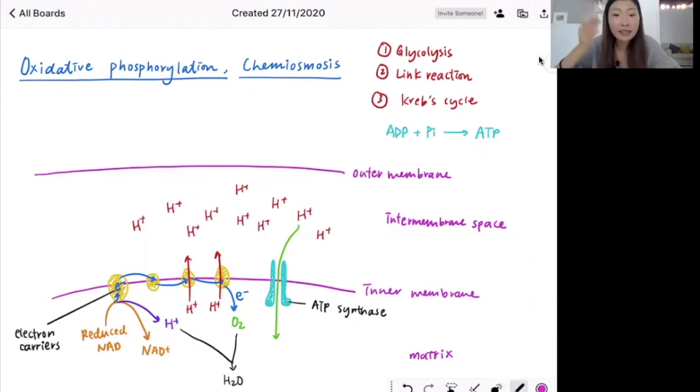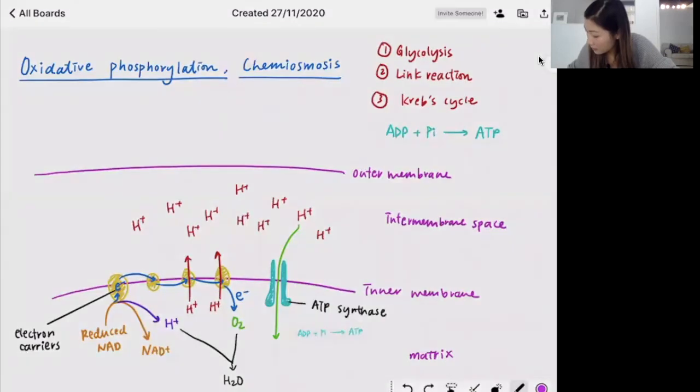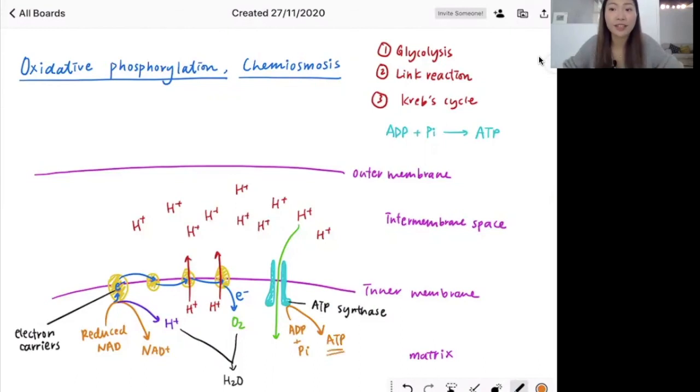As hydrogen ion is flowing down ATP synthase, this provides energy for ADP to combine with a phosphate to make ATP, our final product. So that's really about it for chemiosmosis.